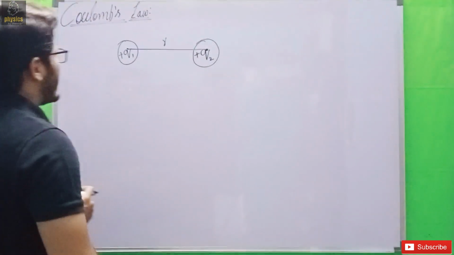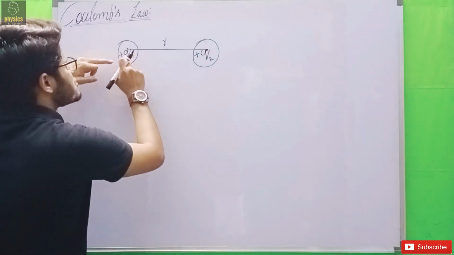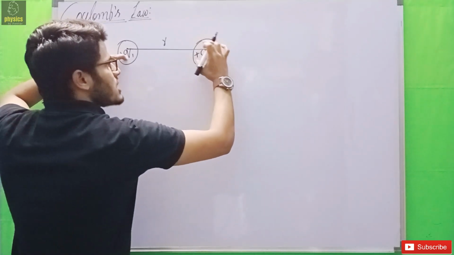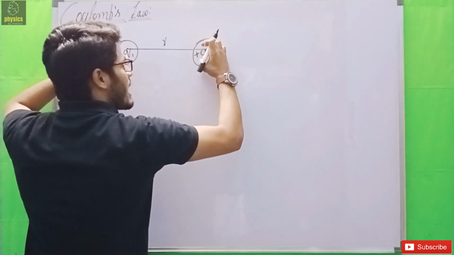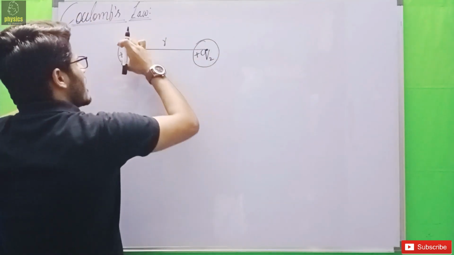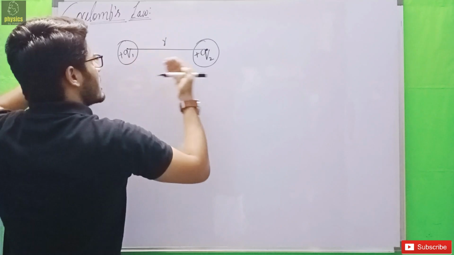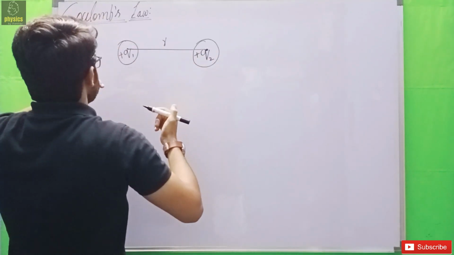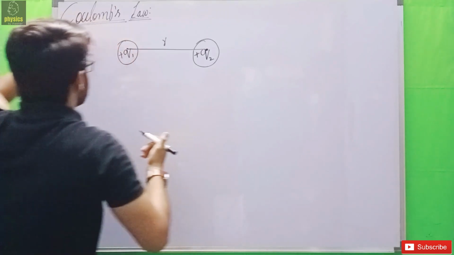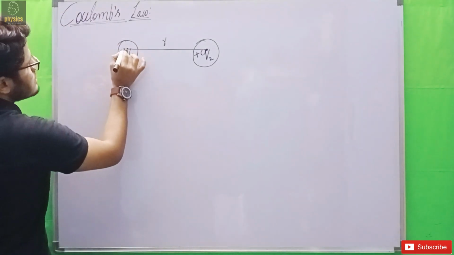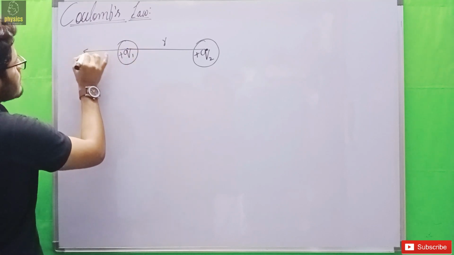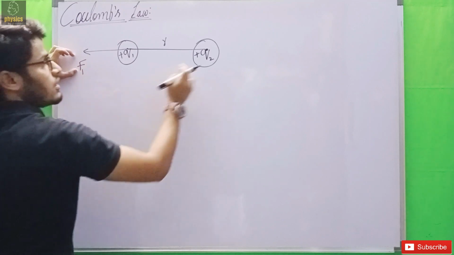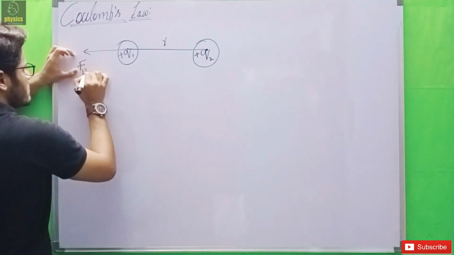The force experienced by charge 1 due to charge 2: charge 2 will have some impact on charge 1, and because of the force due to charge 2, charge 1 will get repelled this way. So this is the force on 1 due to this charge particle.